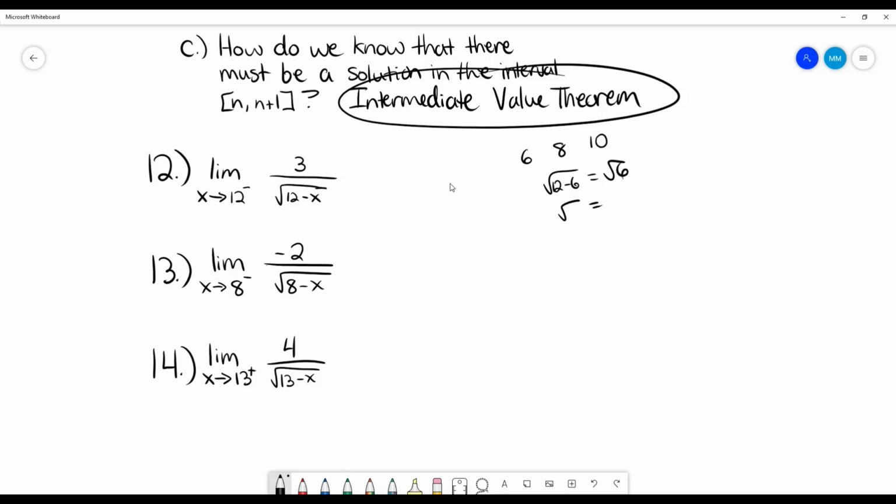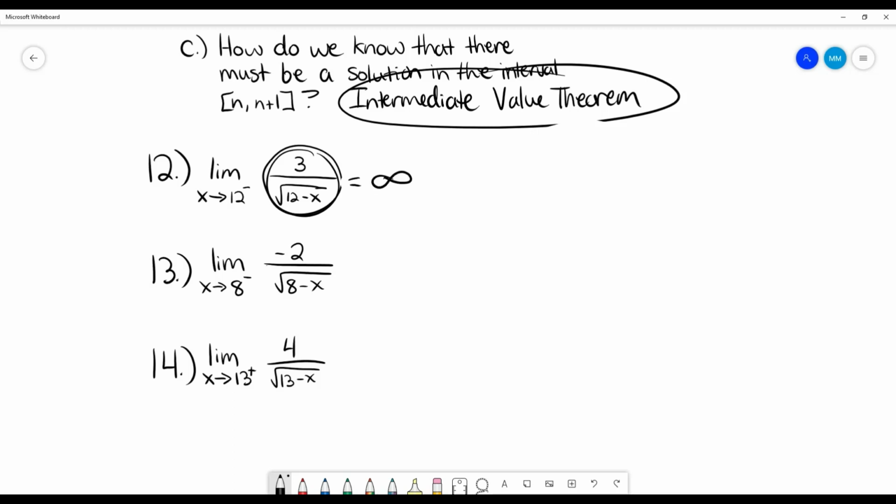Then I plug in a 10, like we said earlier, which is 12 minus 10, that's the square root of 2. So it's getting smaller and smaller, which means that our function overall, since that's in our denominator, is going to be getting bigger and bigger, somewhat exponentially, but not exactly. Which means that this limit approaches infinity.